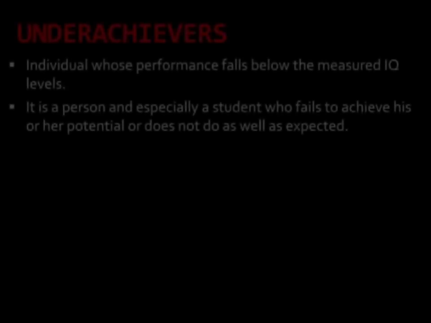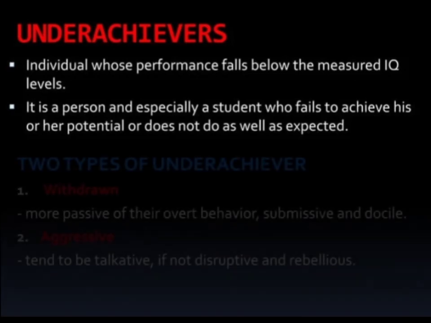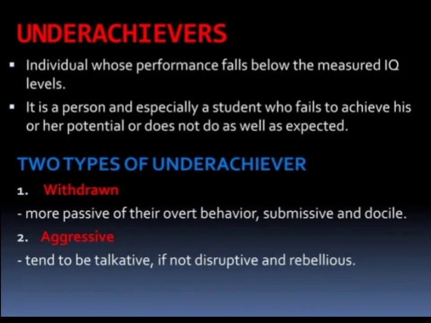Okay, so if we have overachievers, also we have underachievers. So what are these? Underachievers are individuals whose performance falls below the measured IQ levels. It is a person, especially a student, who fails to achieve his or her potentials or does not do as well as expected.